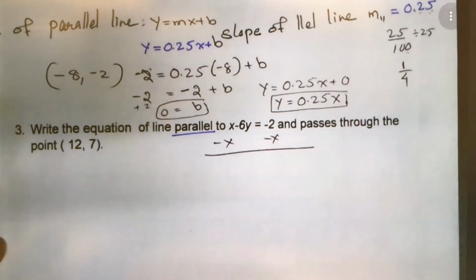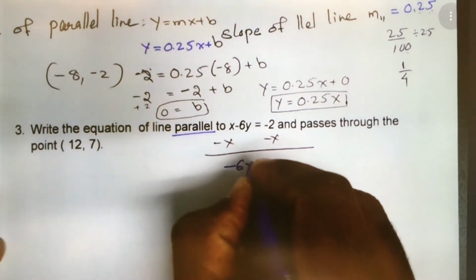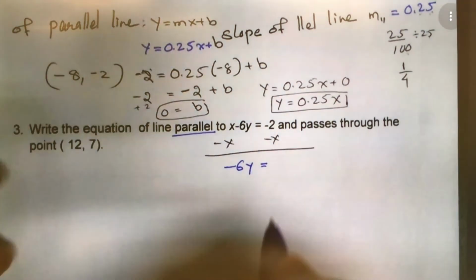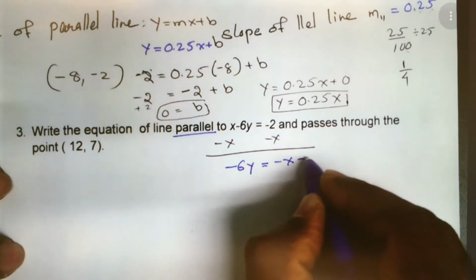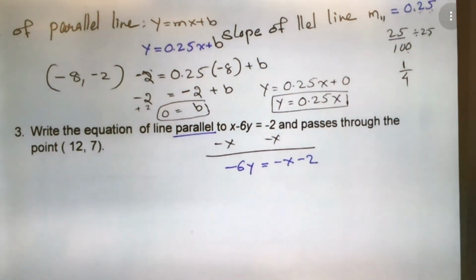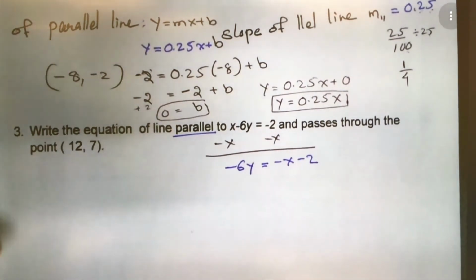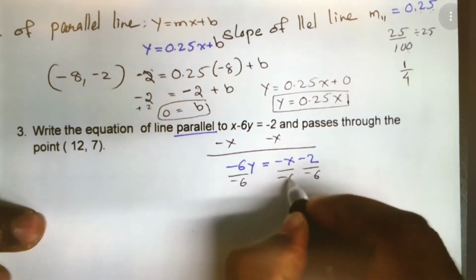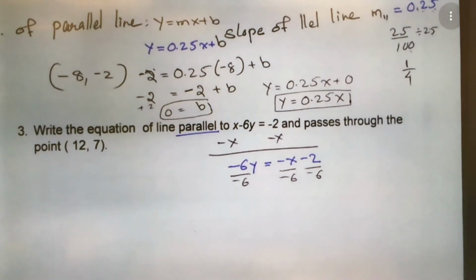So I will get -6y is equal to, x minus x is cancelled out, that becomes 0, so -x minus 2. Then divide by -6 on both sides. When you divide by -6, each and every term should be divided by -6.